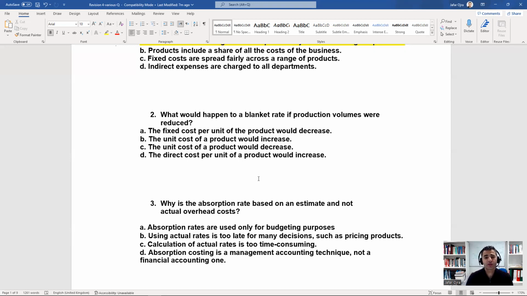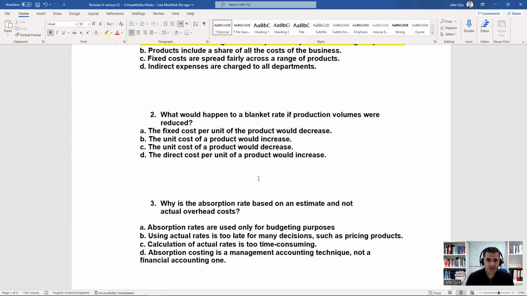But anyway, what happens to this blanket rate if production volume is reduced? Remember, when we talk about economies of scale, if production goes up, the activity is up, so the fixed cost per unit will be less. On the opposite side, if production or volume goes down, the cost per unit will be more.